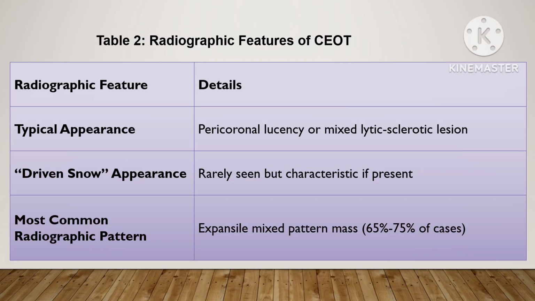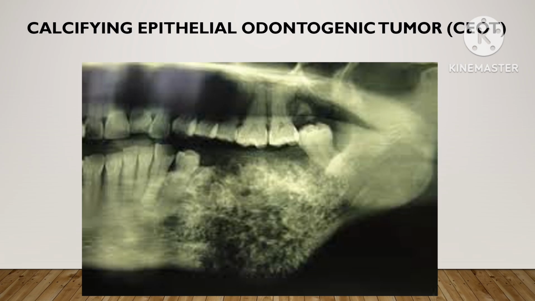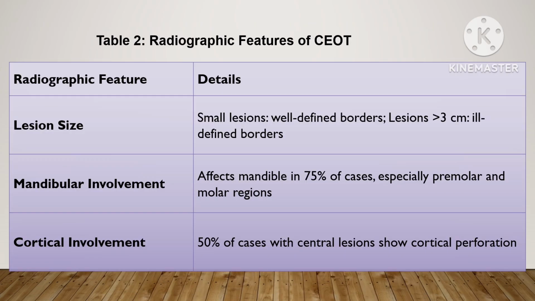Small lesions are well defined, while larger lesions tend to have ill defined borders, potentially indicating a more aggressive phenotype. In 75% of the cases the mandible is affected, particularly the premolar and molar region, and most cases involve a centrally located unerupted tooth.